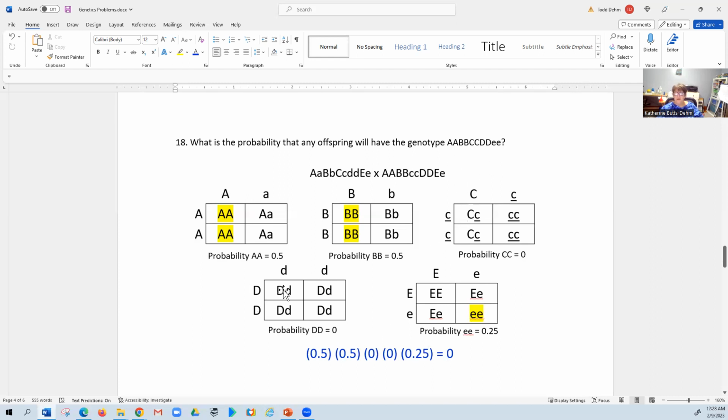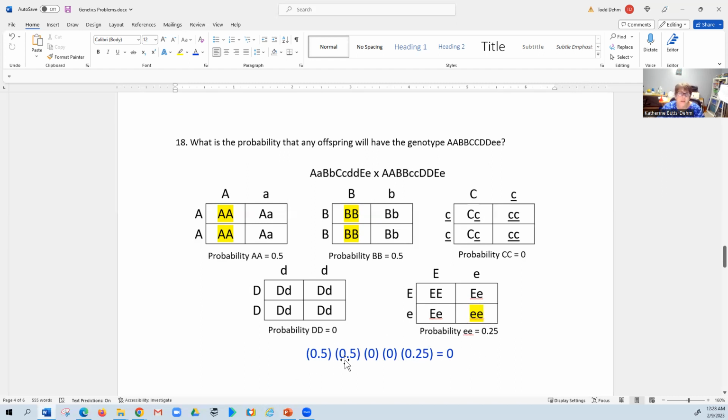Same thing with the big D. You have all you can get. Remember, we're big D, little d's. That's all you can get. So the probability of a big D is 0. And then the last, the probability of little e, you had a het here and a het there, so it's 0.25.